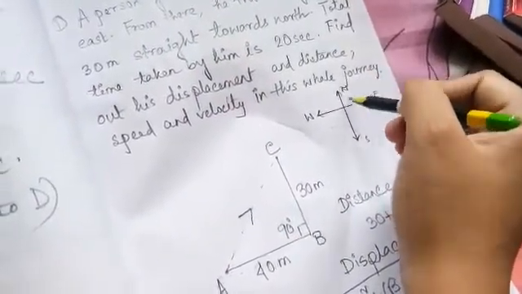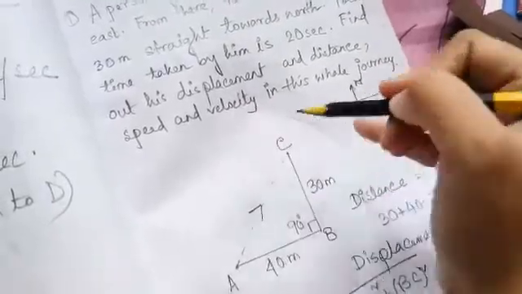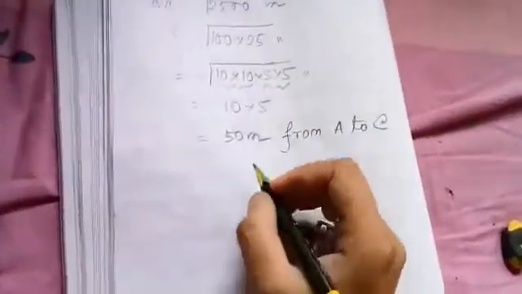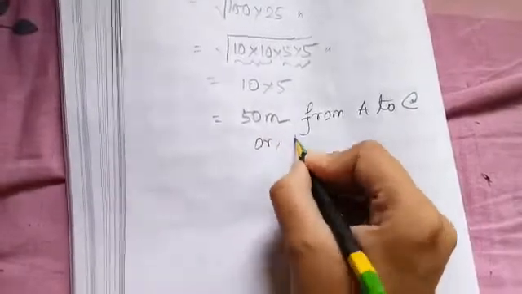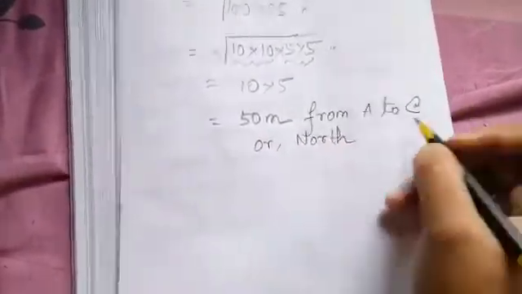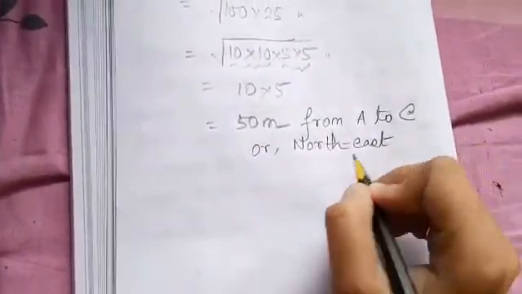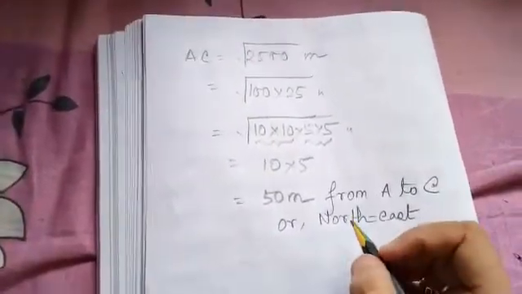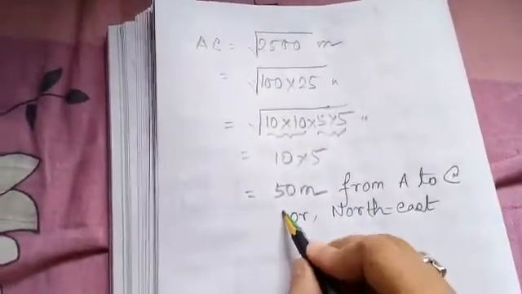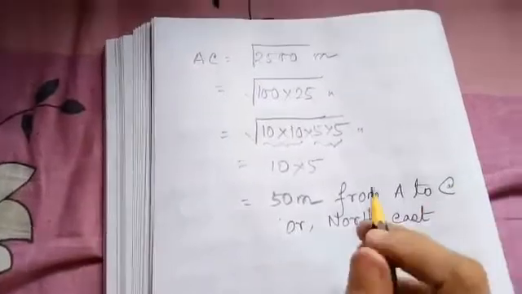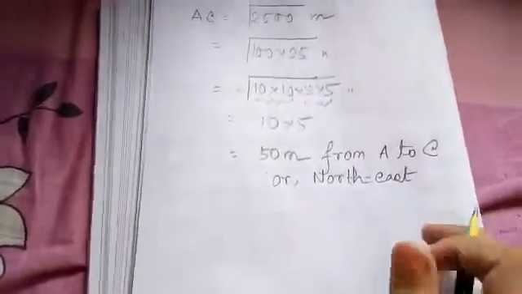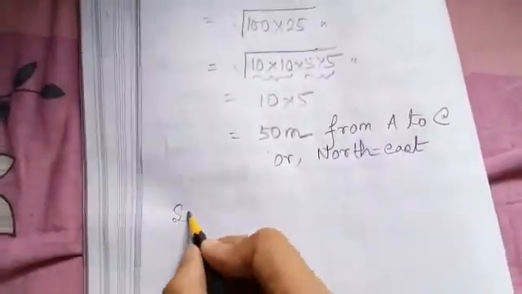So from A to C, or we can say here northeast. The direction is northeast. So displacement is 50 meter northeast or from A to C. Anything we can tell.